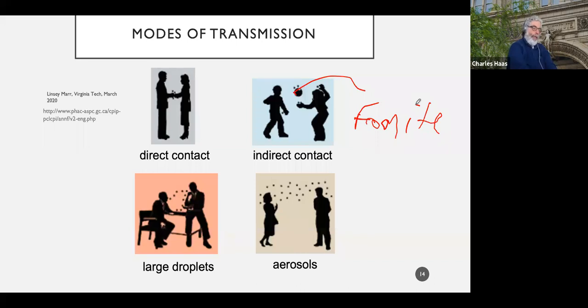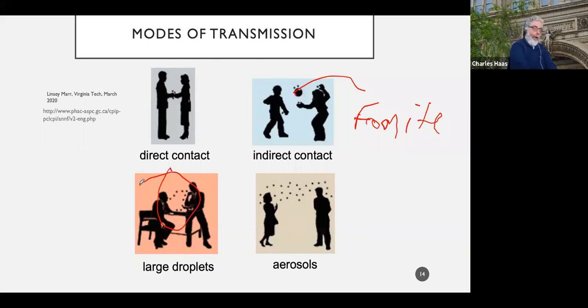Large droplet transmission, which is what a lot of epidemiologists focus on, are droplets that would fall out of the air fairly rapidly, maybe 5 to 10 micron in size, but when they're emitted by the infected person, deposit directly on the eye, nose, or mouth and get taken in that manner.